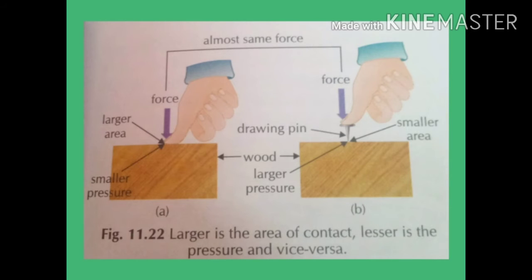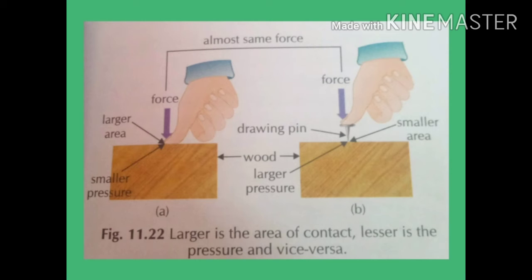Pressure is produced when a force acts on an object. We understand it with the help of an example. Here in this slide, you can see that the larger the area of contact, the lesser the pressure, and vice versa. Here we are taking an example: when we put our thumb on a piece of wood and press it, the thumb does not go into the wood.